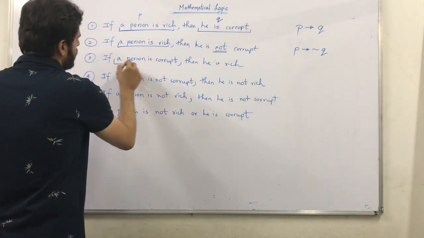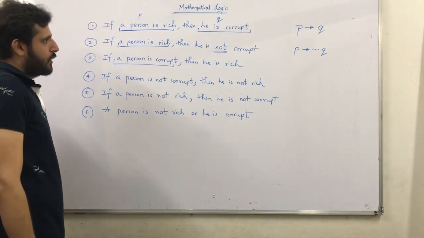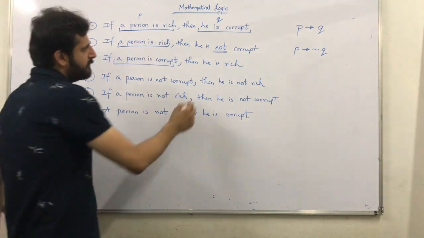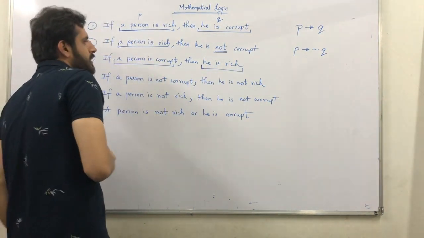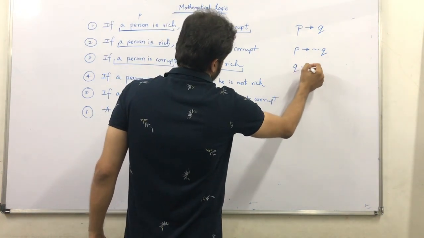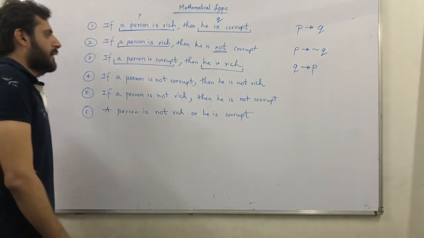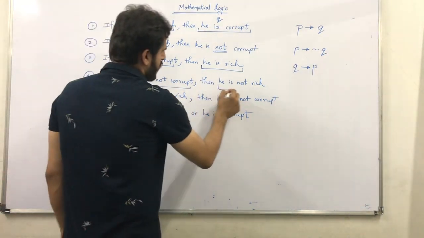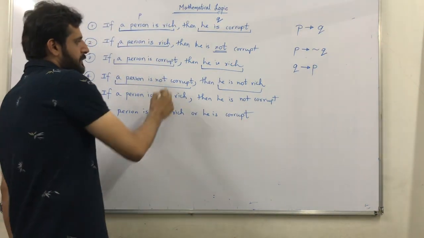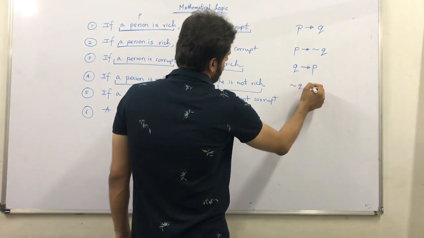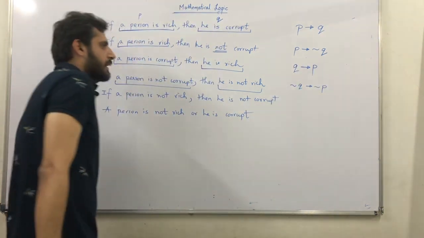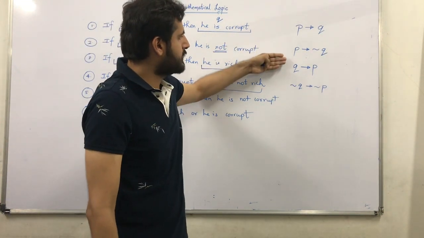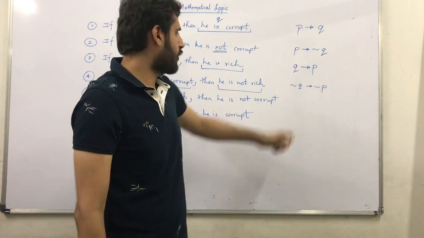When we have, if the person is corrupt, that means Q has come ahead and behind we have P. So if the person is corrupt, then he is rich becomes Q implies P. Now, if the person is not corrupt, then he is not rich becomes negation Q implies negation P. So this is implication, this is converse, this is contrapositive.